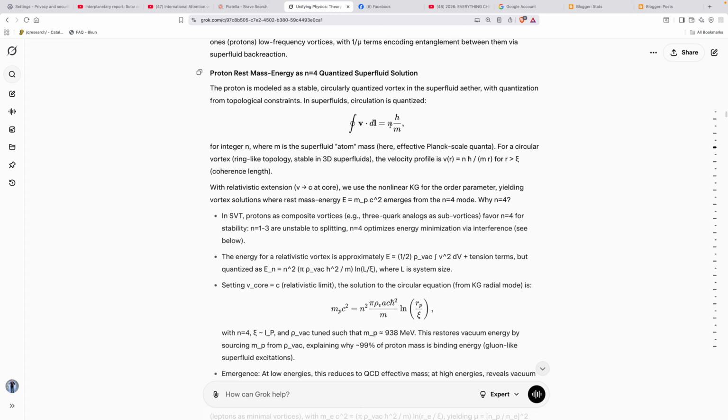It's an integer n, that's the quantization, Planck's constant, and then the mass. It's the atom mass, the superfluid atom mass. That's why I hesitated. M is the superfluid atom mass.